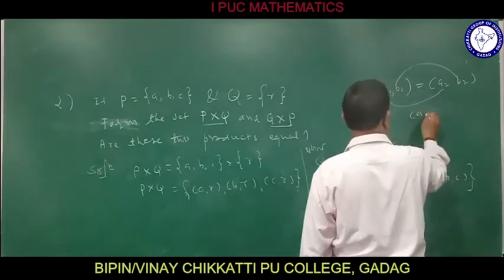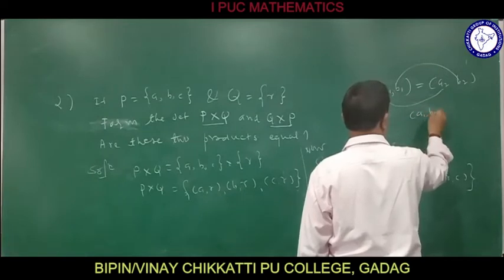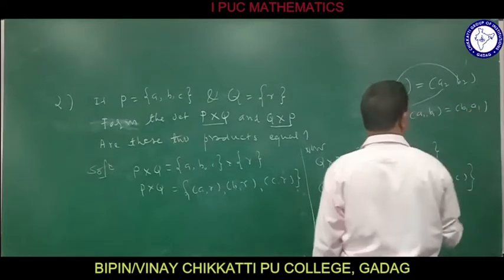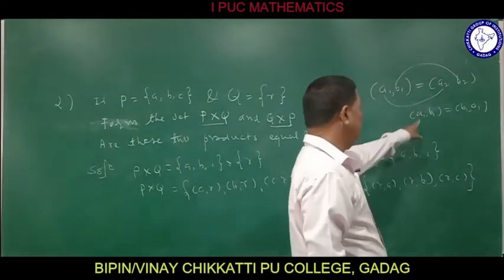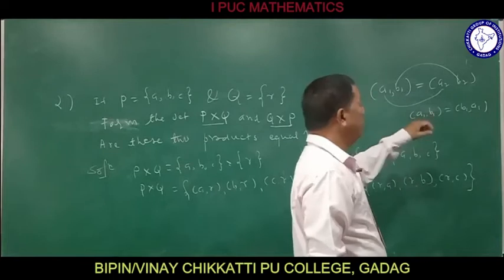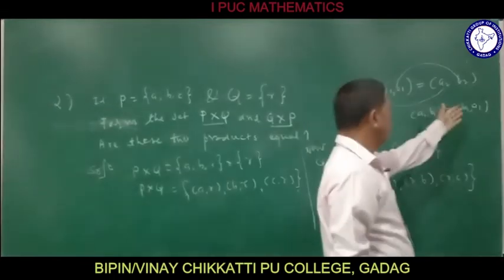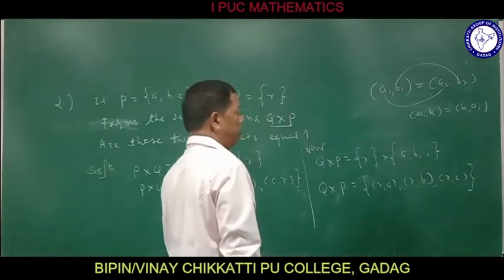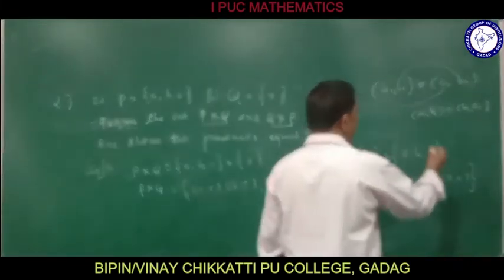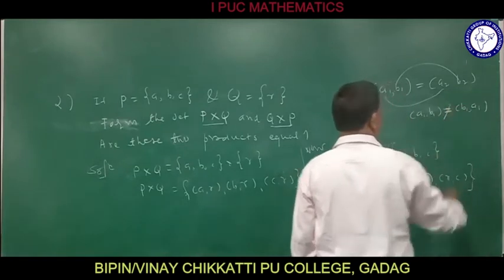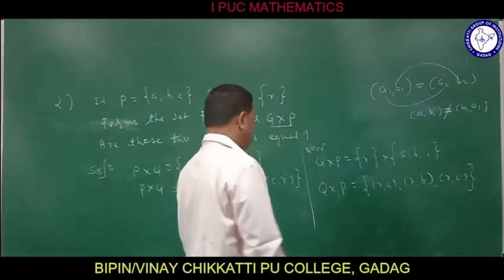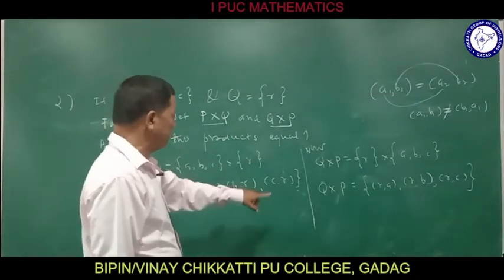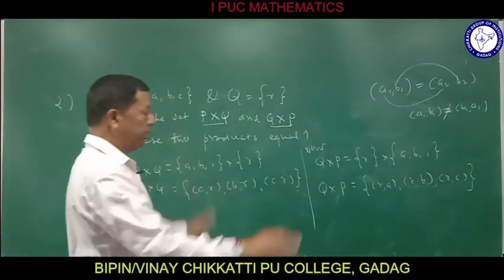But here the question is (a1, b1) equal to (b1, a1), and it is not possible. This pair represents one point, this pair represents another point, and these are not equal. So try to understand (a1, b1) is not equal to (b1, a1). And here AR is there, RA is there, BR is there, RB is there, CR is there, RC. So both are not equal.